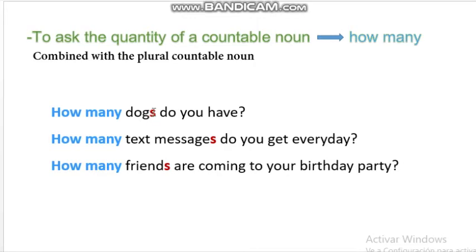Dog is one, dogs could be two or more. How many dogs do you have? How many text messages do you get every day? How many friends are coming to your birthday party? So we are talking about plural nouns that are countable, so we are using how many.